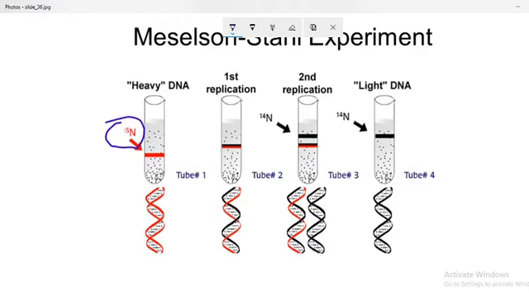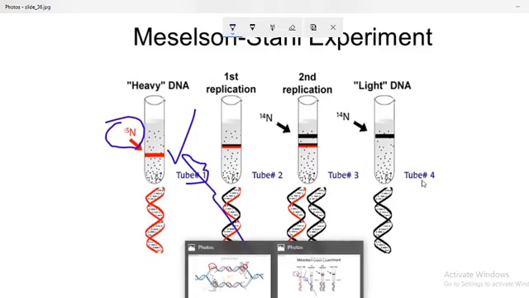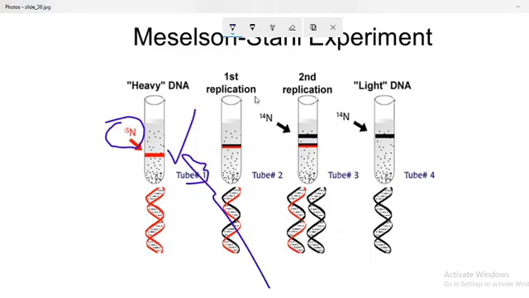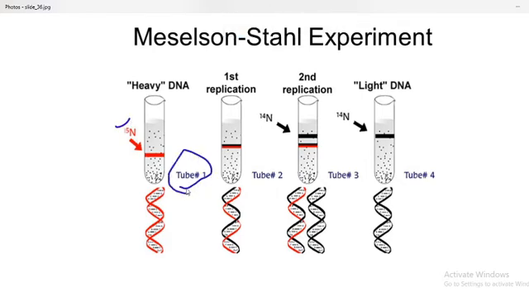That's why the band is formed at the bottom of test tube number 1. So see here, at N15, in test tube number 1, the bands will form at the bottom.